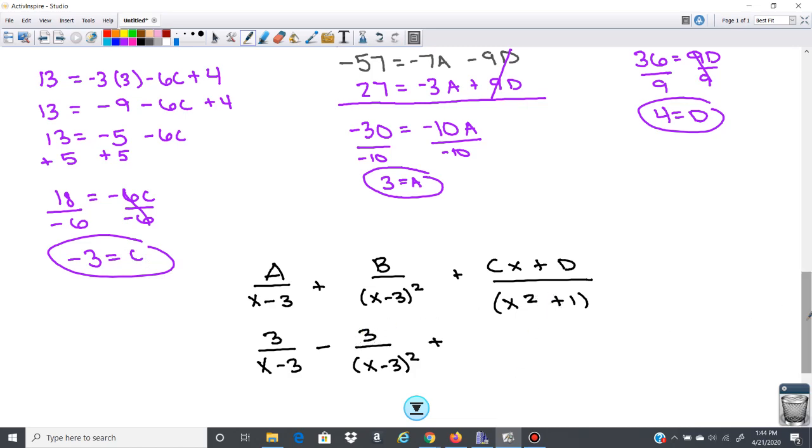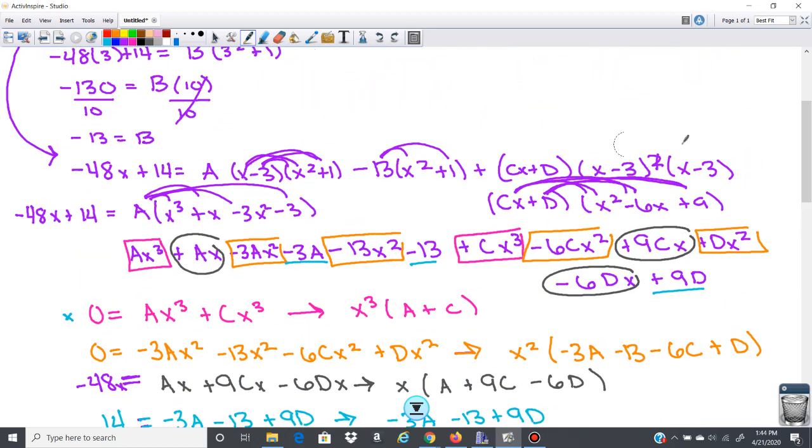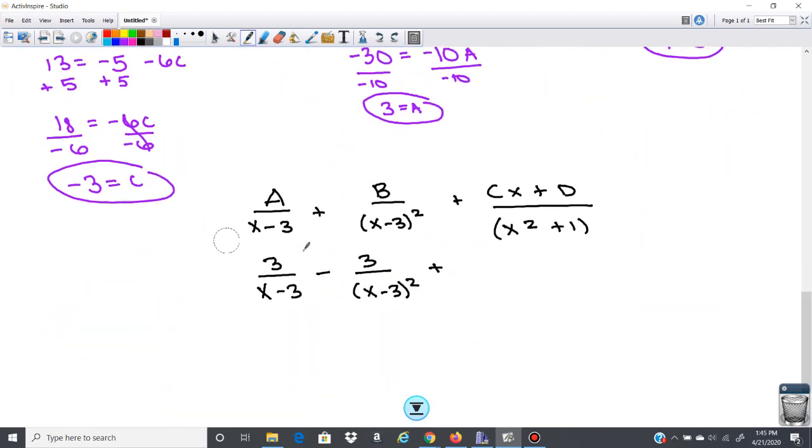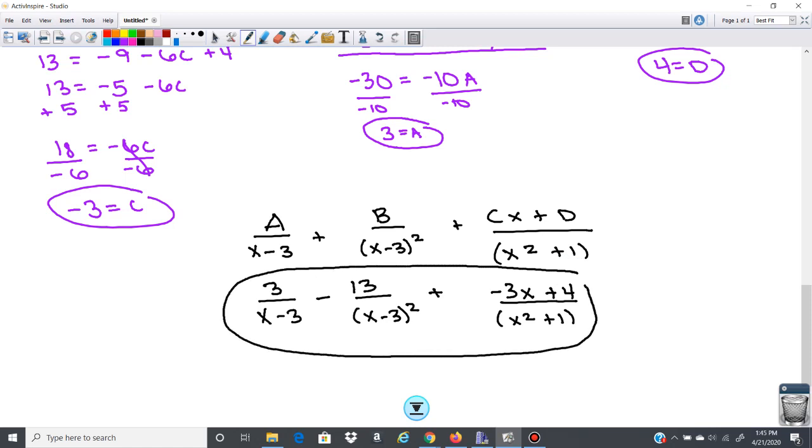B was up here, negative 13, right there. So let's go ahead and fix that. So this is minus 13. All right, and then cx plus d. So c is negative 3, and d is 4. So we're going to go plus negative 3x plus 4, and then over x squared plus 1. And now your partial fraction is decomposed, and you are done.